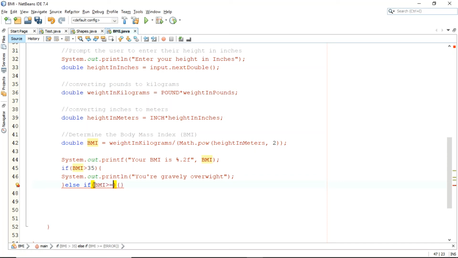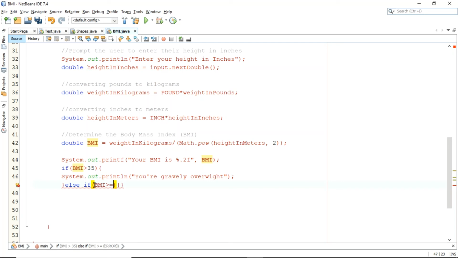Now you realize that we are using an if else if statement. How it works is that once it executes the first option, then even if the second option lies within the first option, it won't consider it because the first option would have already been printed. What I'm trying to say is that if BMI of a person is greater or equal to 29, it means that also 36 is within the range of above or equal to 29.